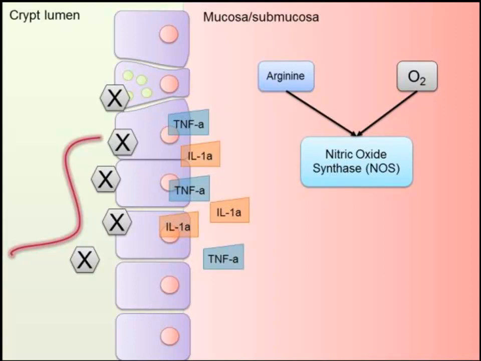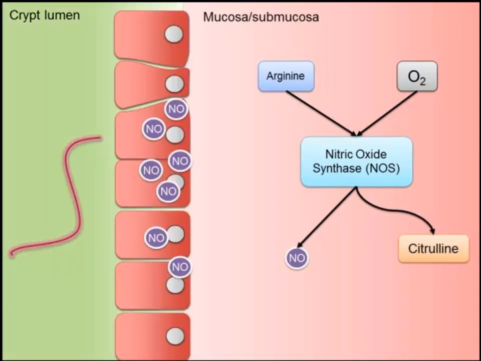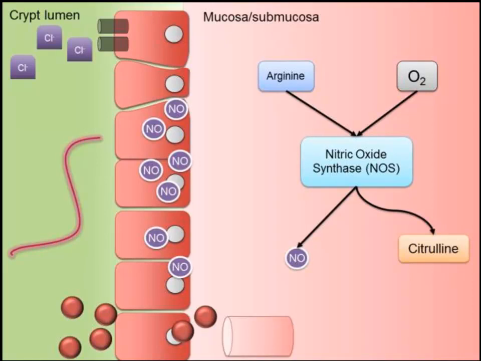When we have an overproduction of this enzyme, it takes arginine and O2 to produce citrulline and nitric oxide. And surprise, surprise, nitric oxide, when overexpressed in the colonic epithelial cells, may lead to inflammation and necrosis, may lead to increased production of mucus, which helps us explain part of the problem here, may also lead to vasodilation, which could help us explain why red blood cells are leaking towards the lumen, and finally, may lead to the opening of important chloride channels, such as CFTR.